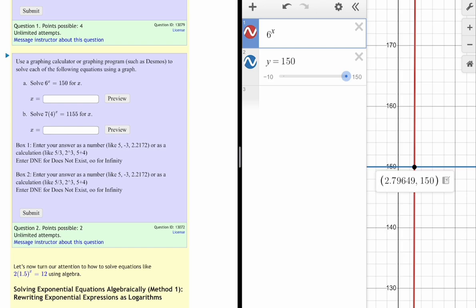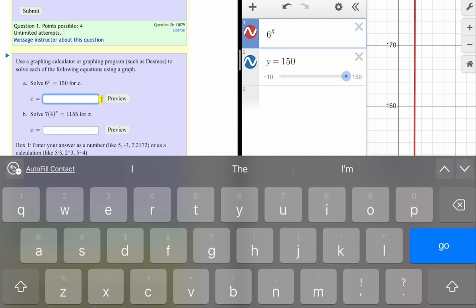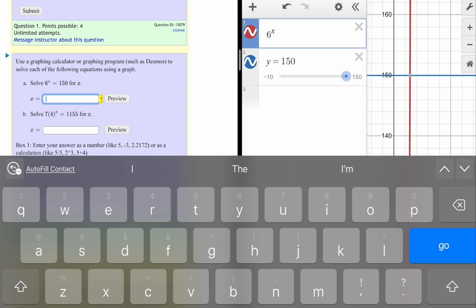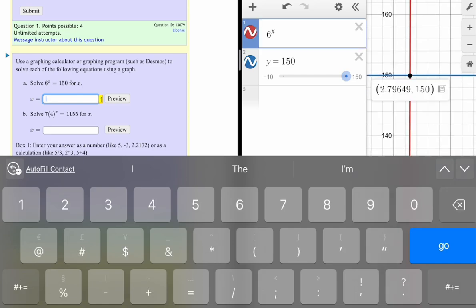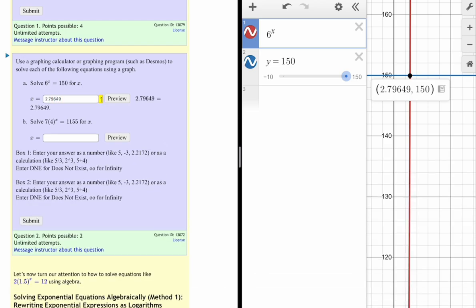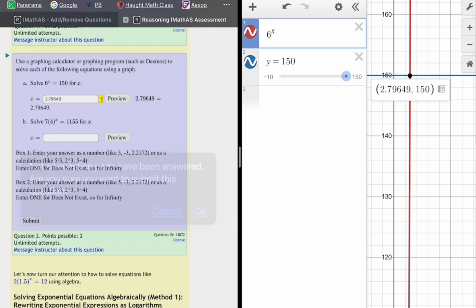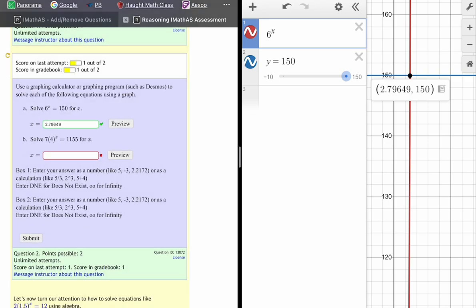Well, the x value would have had to have been 2.79649 for me. So I'm going to put in here 2.79649. And you should see that you could check it if you really wanted to. And so it worked because I used Desmos to find the accuracy.